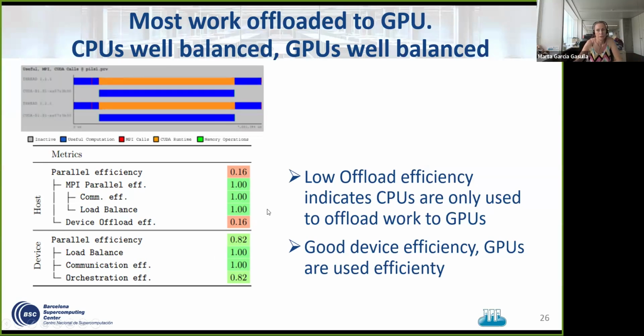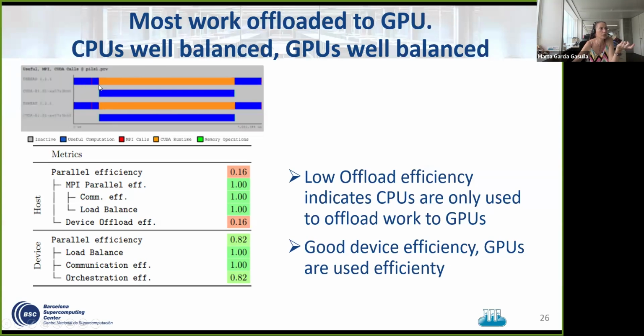I'm going to share several examples to show you which kind of metrics an application with a given issue will obtain. The first one is a typical GPU application, where most of the work is offloaded to the GPU. The work of the CPUs is well balanced, and the GPUs are also well balanced. This is the execution trace of this benchmark.